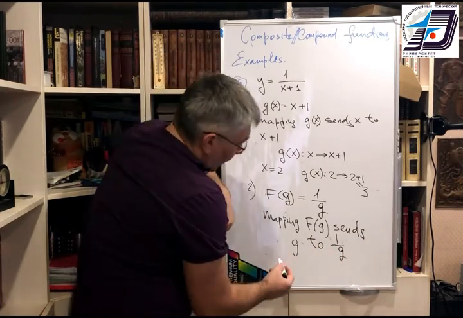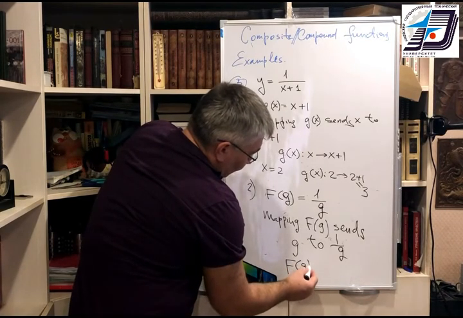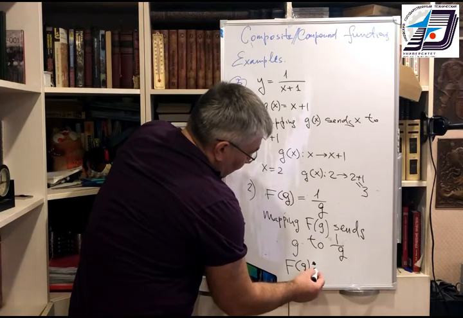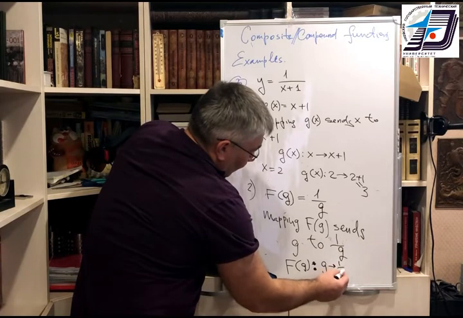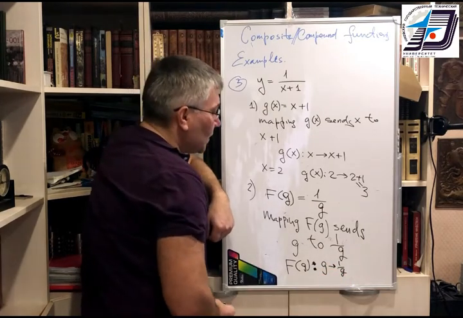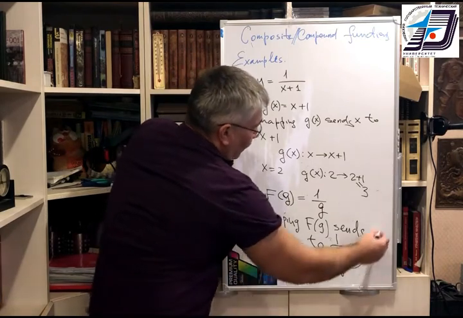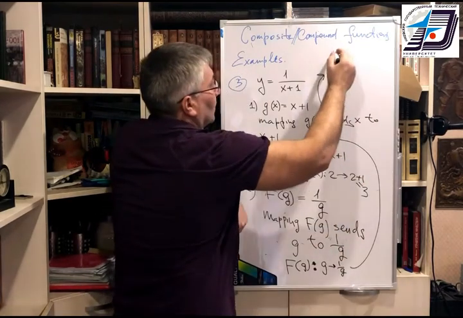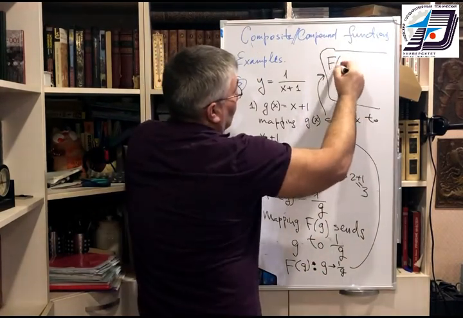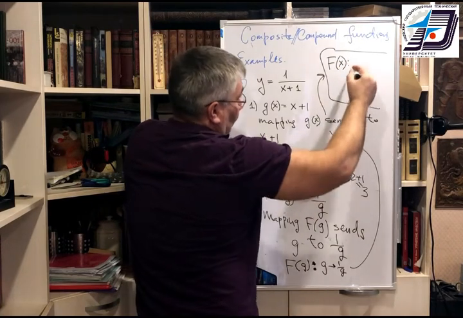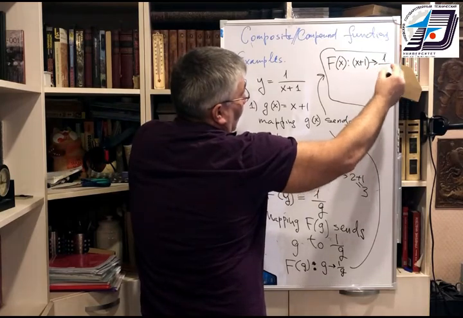Or another way I can put it: f of g colon g into 1 over g. But simultaneously, I can make this notation. I don't have enough room here, and I use this space. I can use still x. It sends x plus 1 into 1 over x plus 1.